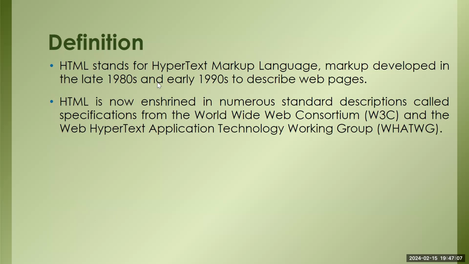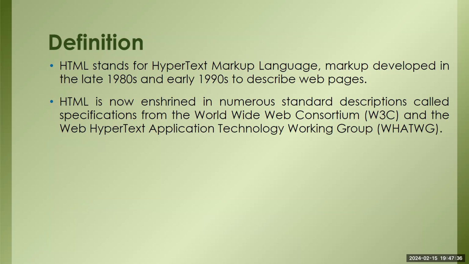Don't worry about these years and everything, just to give you full knowledge. The hypertext markup language is the full form of HTML, right? HTML now has numerous standard descriptions. Standards, right? How under the HTML, these tags, elements and attributes are going to be used.